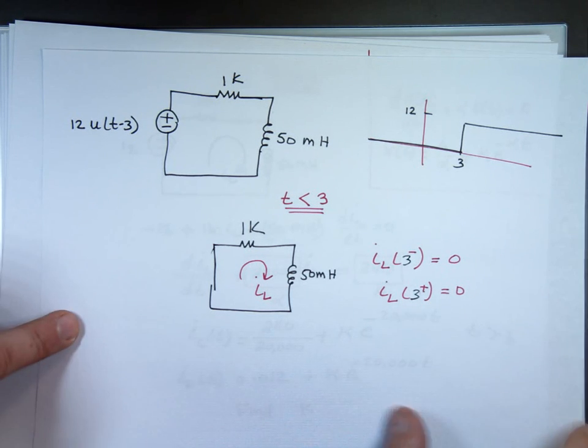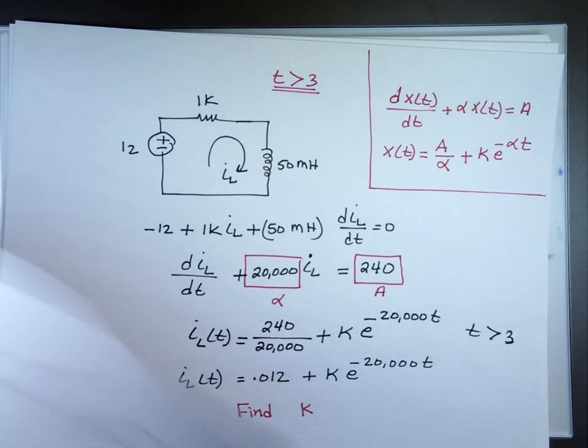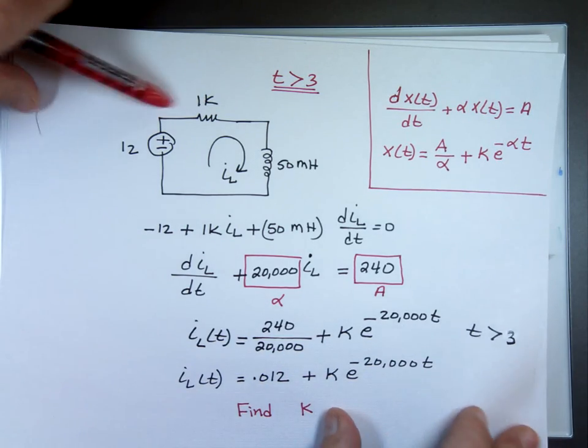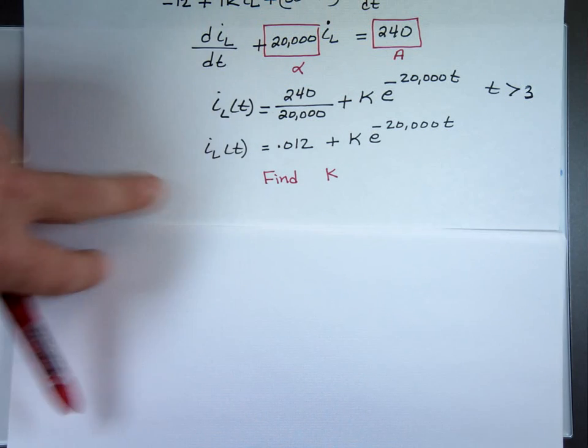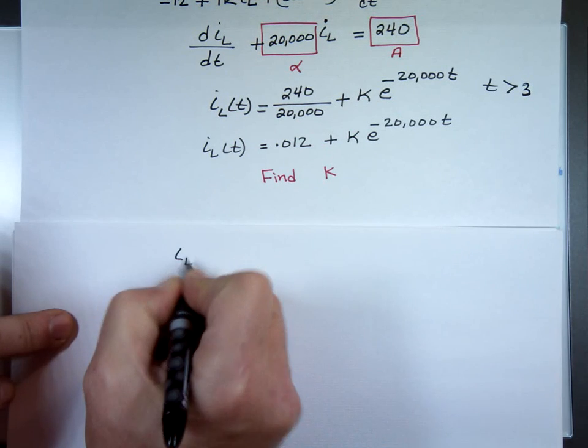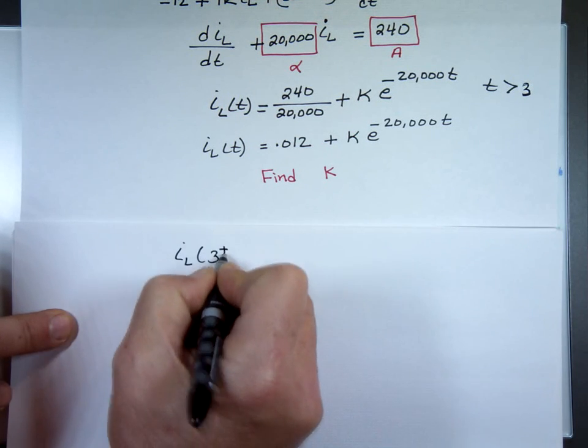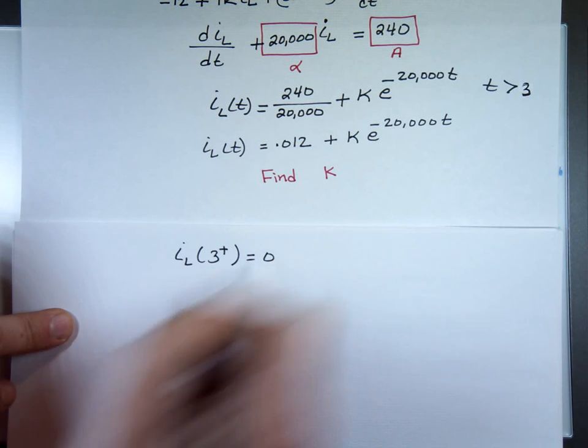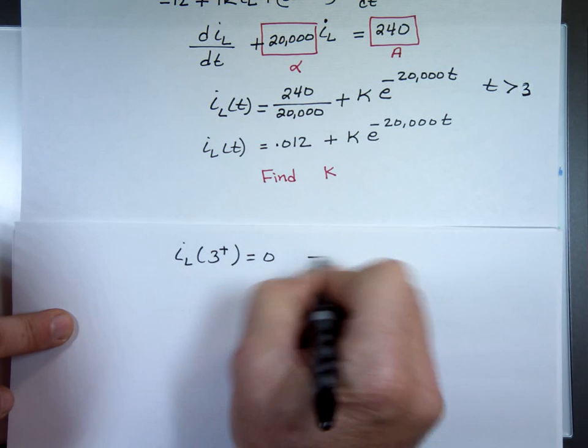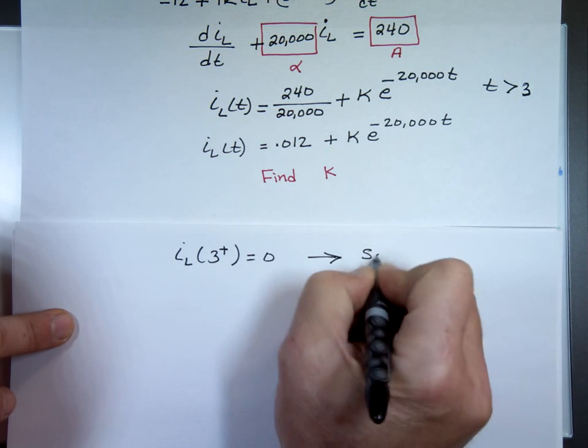So here we go. I sub L at 3 plus is equal to 0. I should be able to solve for k now from that.